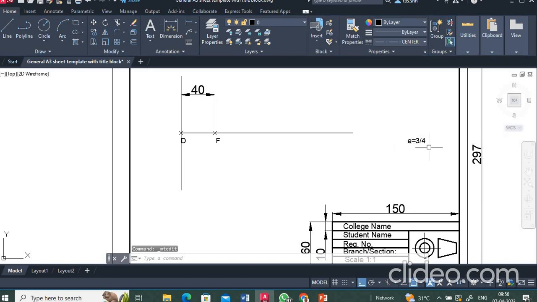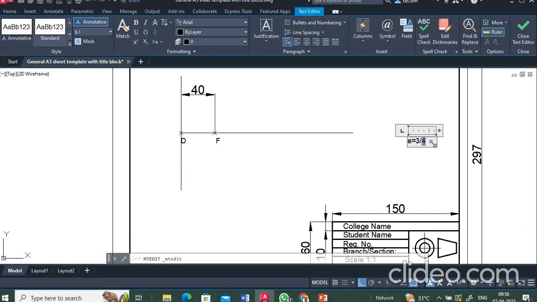So it means that eccentricity is equal to the ratio of VF by VD. We know that. VF divided by VD.